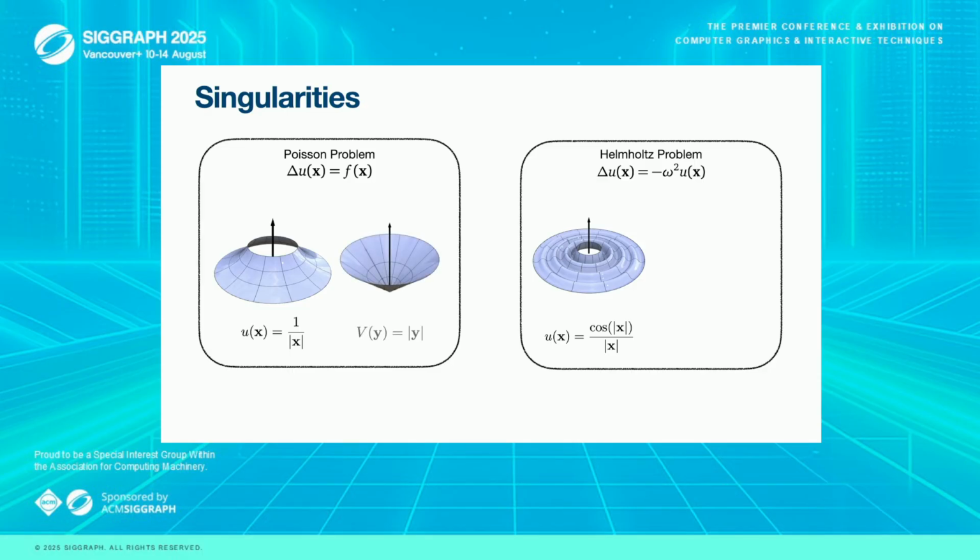If you apply coordinate mapping to these behaviors as they approach infinity, we see that they come up with a problem at the center. For the Poisson problem, it comes up with a non-differentiability at the origin. For the Helmholtz case, it similarly comes up with an infinite frequency that no discretization is able to resolve.